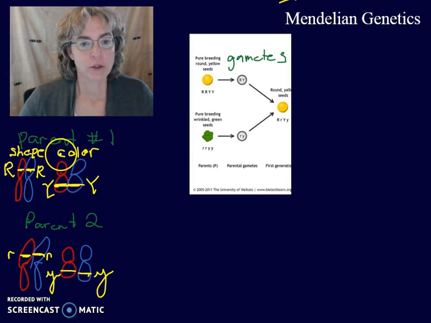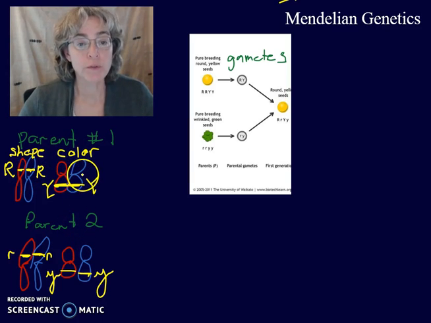So what kinds of gametes can each of these individuals produce? We're just looking at 2 traits, so we're just looking at 2 of the chromosomes. We know we can get a big R in our gametes.